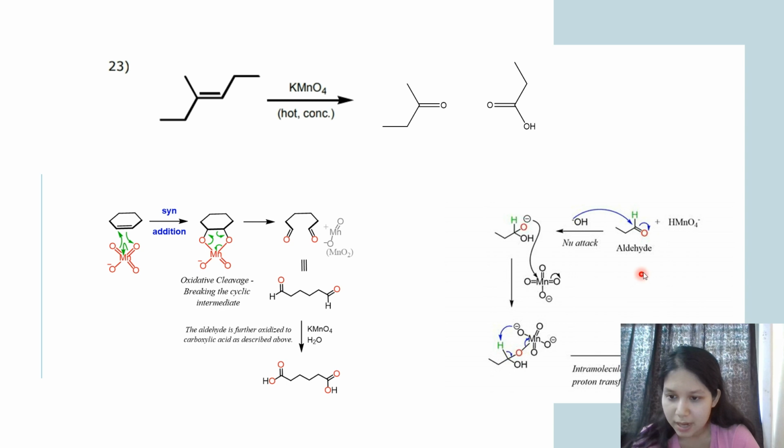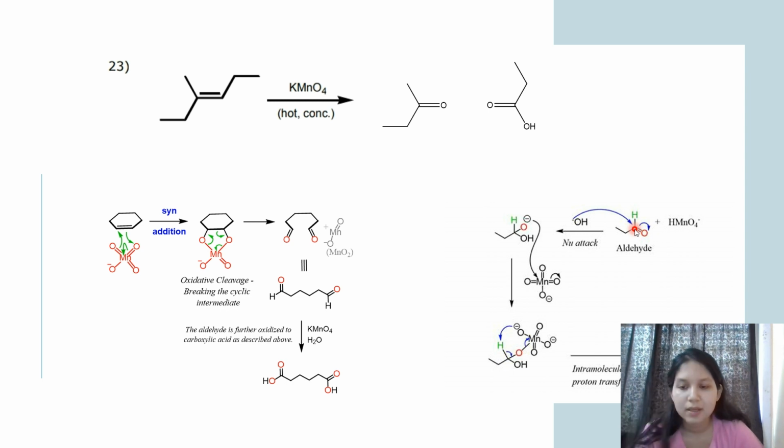Let us start the further mechanism, like how the aldehyde was converted into its corresponding acid from here. Okay, just focus on this aldehyde. In the system, the hydroxyl anion present will attack the nucleophilic carbon of the aldehyde.